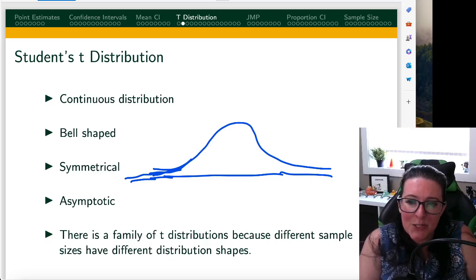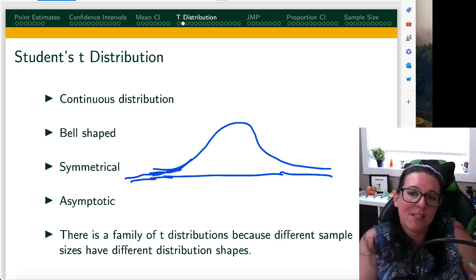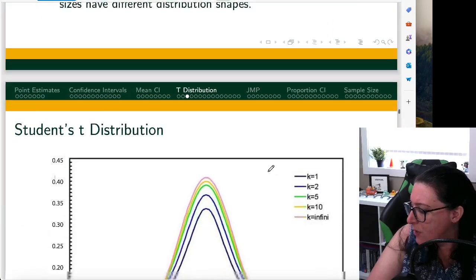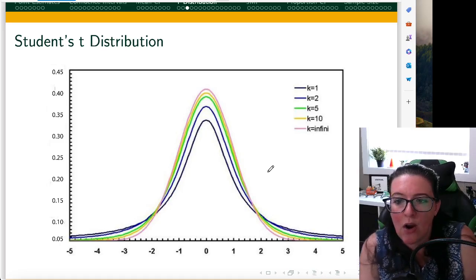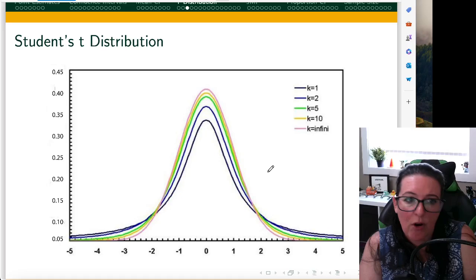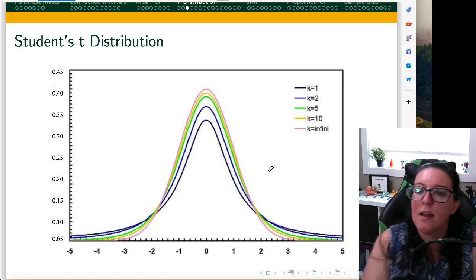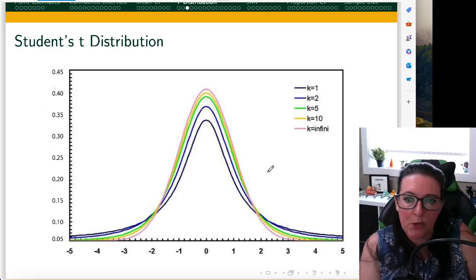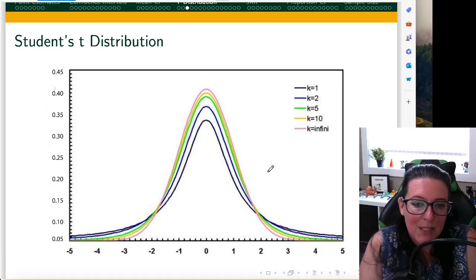So the t distribution is actually a family of distributions because different sample sizes have different distribution shapes. When we look at t distributions here, you can see that they all look very similar. They're all bell-shaped, continuous, symmetrical, and asymptotic. But how big the tails are, how tall the distribution is, how narrow or wide it is will vary depending on the sample size.